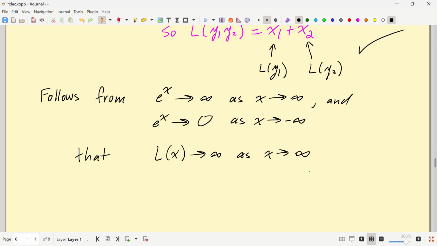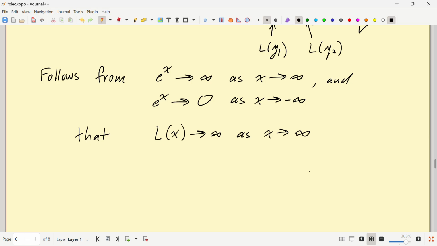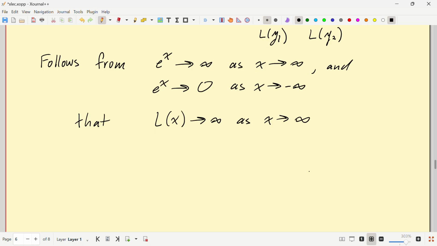You just have to sit down and write this out. It follows very simply from the fact that things are strictly increasing and the corresponding limits. So L of x goes to infinity as x goes to infinity, and L of x goes to minus infinity as x tends to 0 from the plus side.